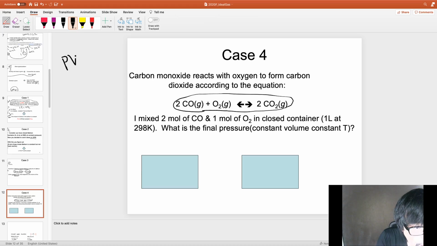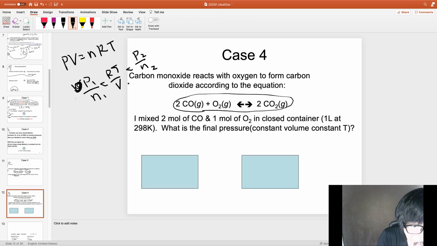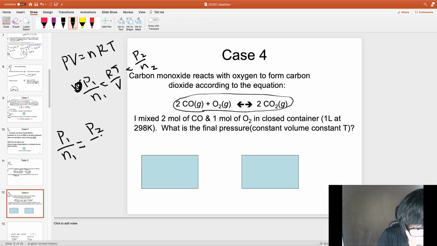So PV equals nRT. Since volume is constant, P divided by n is equal to RT over V. Then P over n, condition 1 and 2: P1 over n1 is equal to P2 over n2.